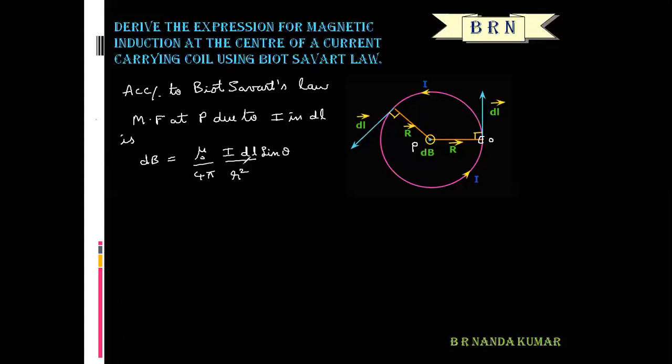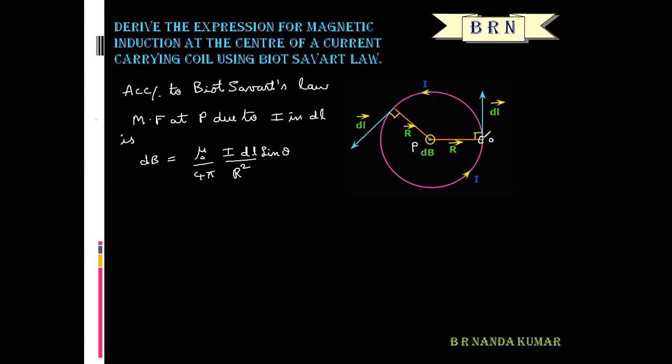What is the meaning of r? R is the distance from the midpoint of the current element to the given point. Here that is capital R, so this is capital R square. What is the meaning of theta? Theta is the angle made by the dl vector and the r vector.